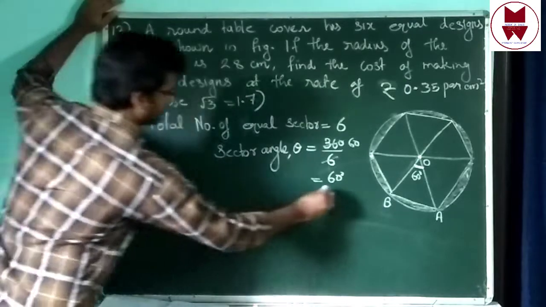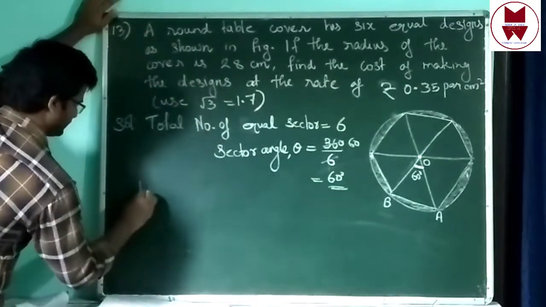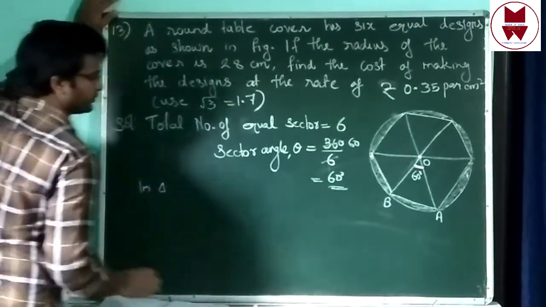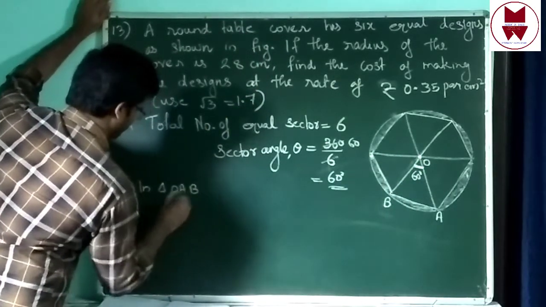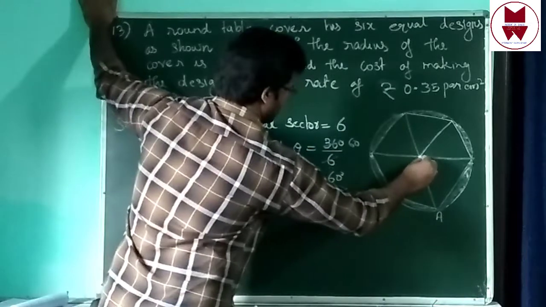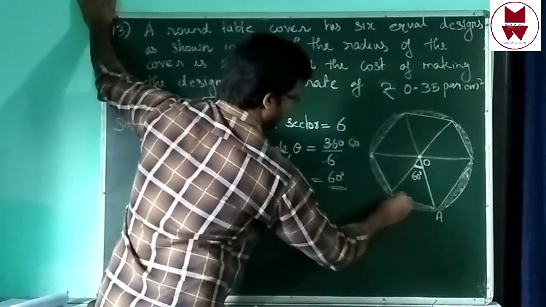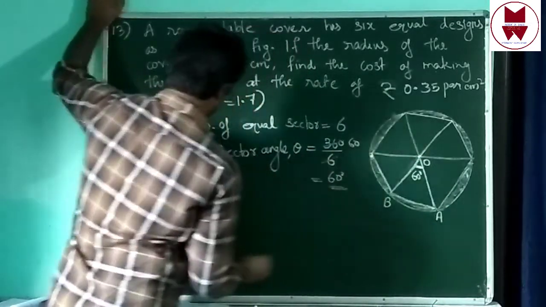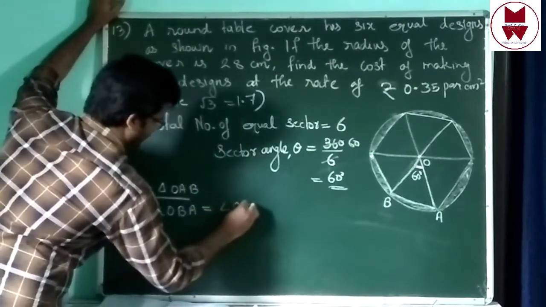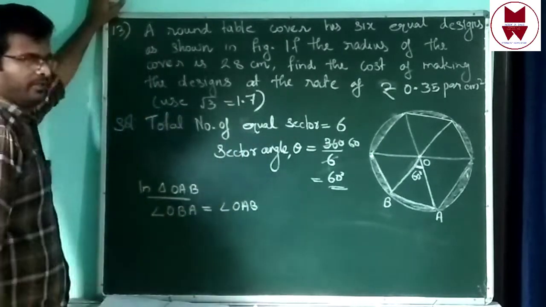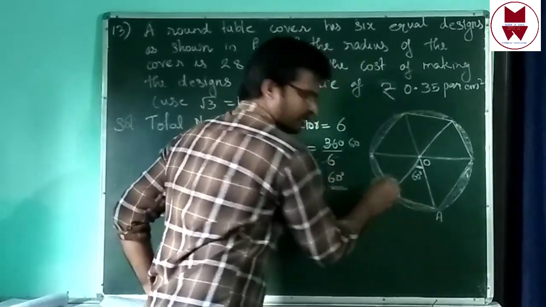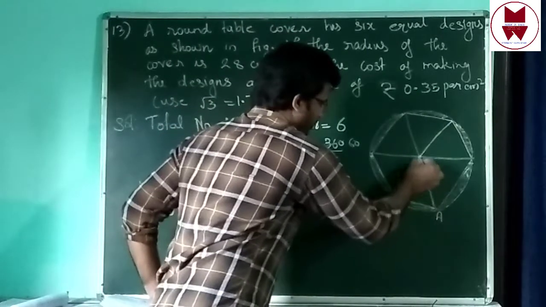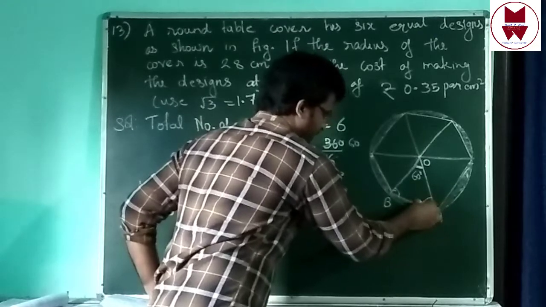Now we can consider triangle OAB. We'll consider only this triangle OAB, and angle OBA, that means this angle, and this angle OAB, the two angles are equal.